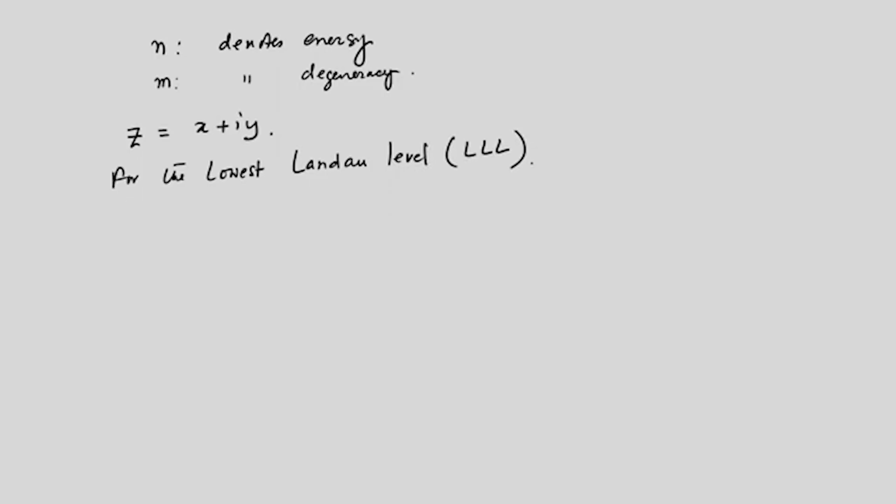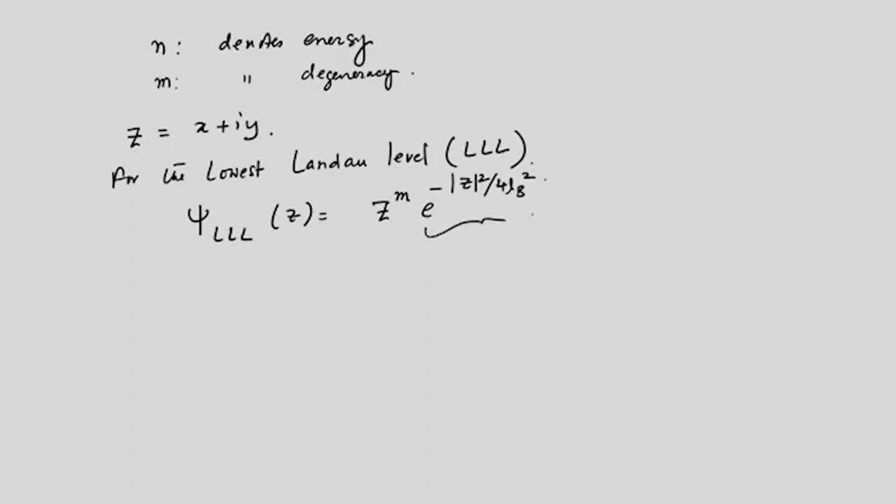Okay. There is a standard terminology that is used here. So, psi LLL of z is equal to z to the power m times exponential of minus |z| square divided by 4 L_B square and so on. Okay. I am only writing the unnormalized part of the wave function.